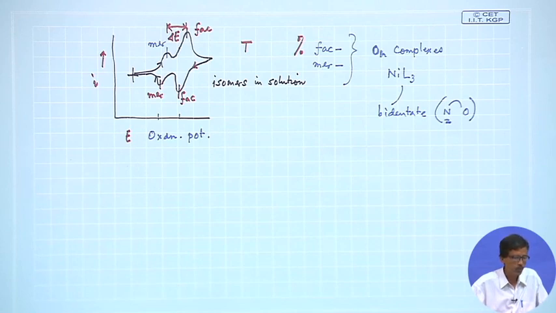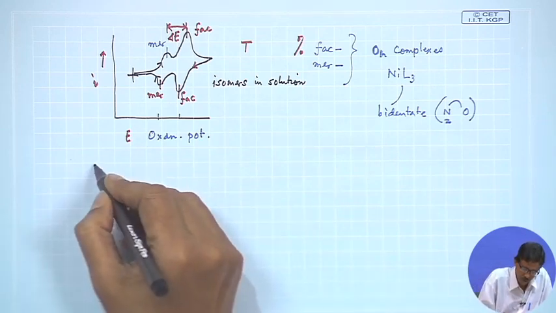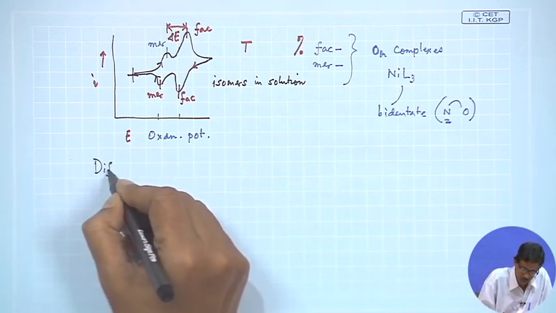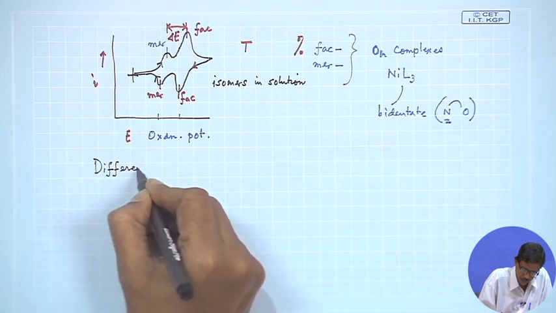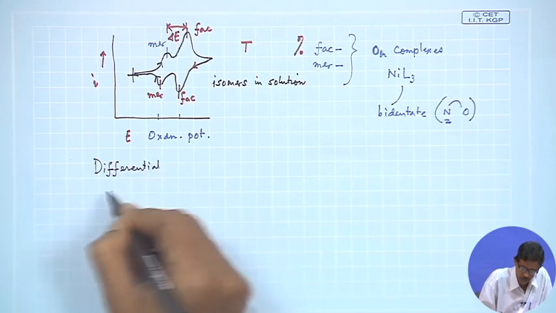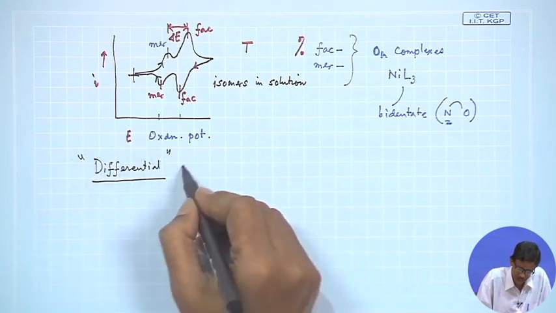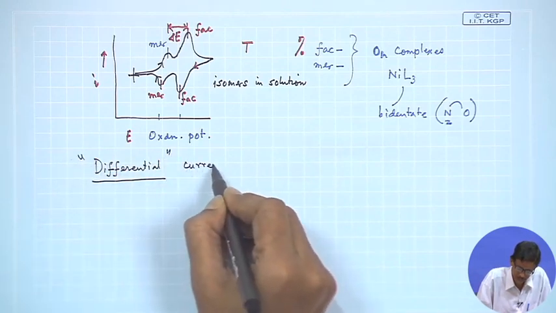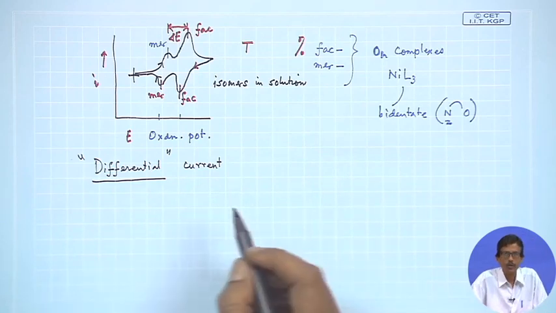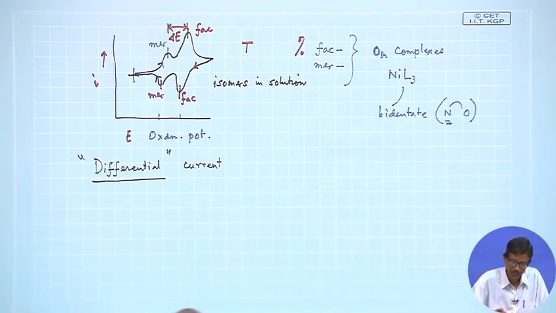So what we expect is something where we can go for the derivative or the differential one. So we can follow differential current, and differential current measurements we can achieve.